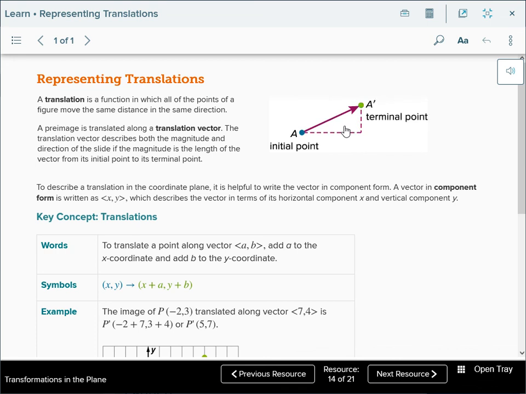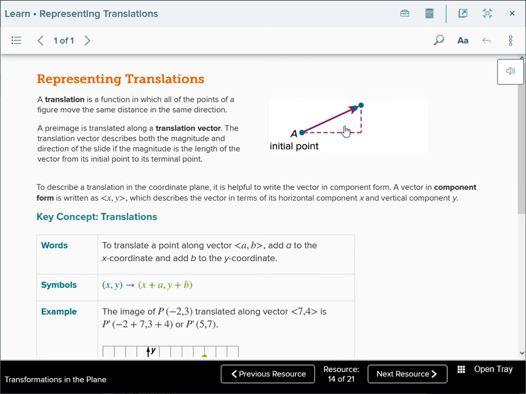Just telling you how to do it that way. Another way is if I wanted to do that same thing, 5 right and 3 up, then I might write it this way. (x, y) goes to (x plus 5, y plus 3), so that means add 5 to each of the x coordinates. And then if I'm going 3 up, what am I doing to the y coordinates? So it may look that way. This is one way. This is a second way.